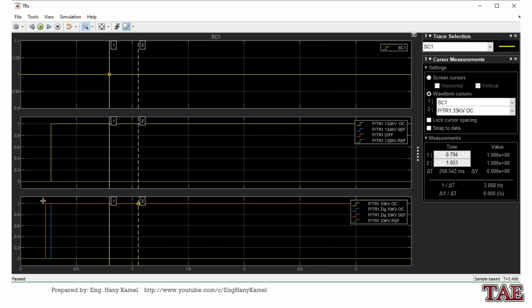Here in 132 there is overcurrent, and in the 33 kV side there is sensitive earth fault, and this was faster, before the overcurrent of the 33 and 132 kV.